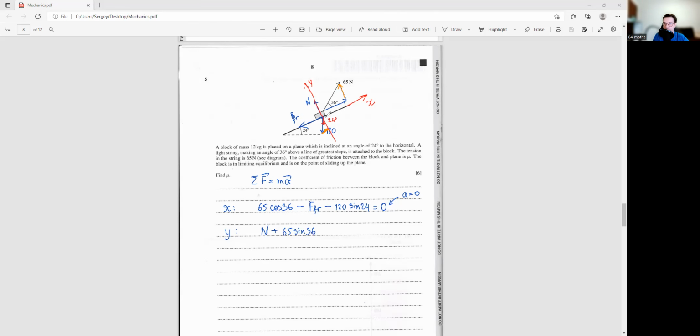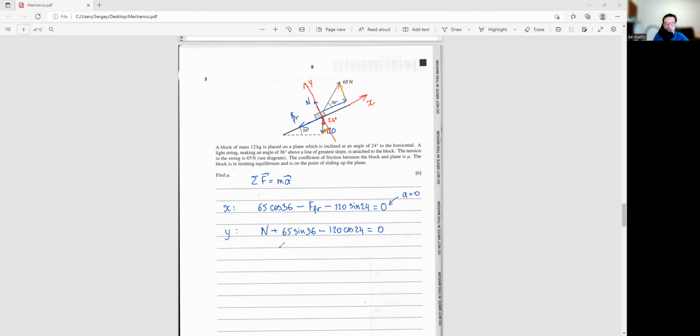And the y component of the weight is acting downwards. So I'll take it with a minus sign. That's 120, and it's adjacent to the angle of 24. So it's cosine 24. Again, there is no acceleration on y-axis. So that means the sum of all forces equals 0.